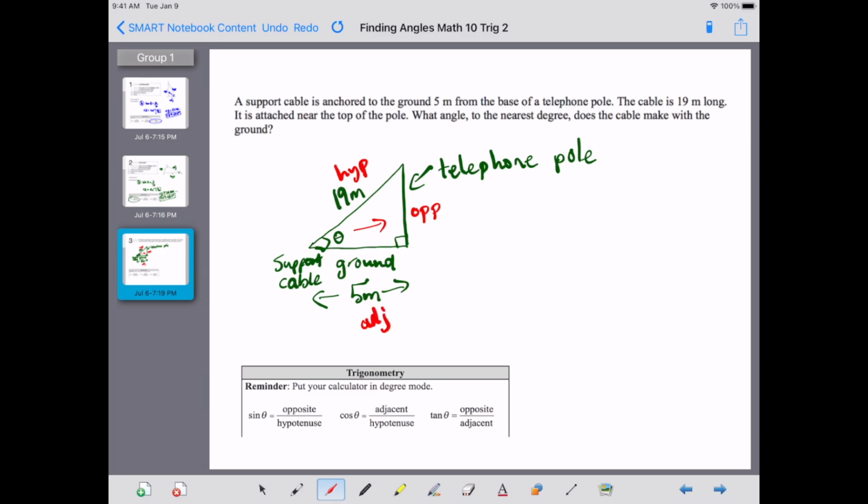So we know that we have the adjacent and hypotenuse, so that is cosine. So we can use the cosine of theta is equal to adjacent, which is 5, over the hypotenuse, which is 19. And then again, to find an angle, we know that's going to be the inverse cosine of 5 over 19.